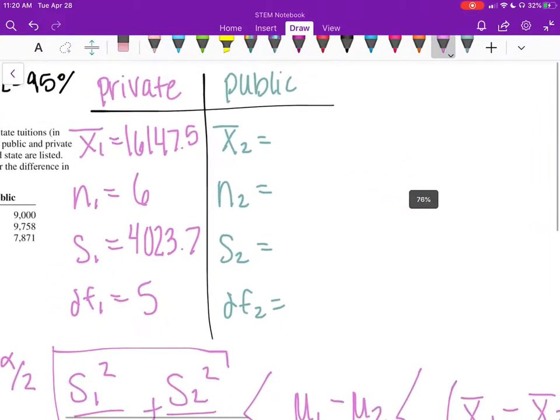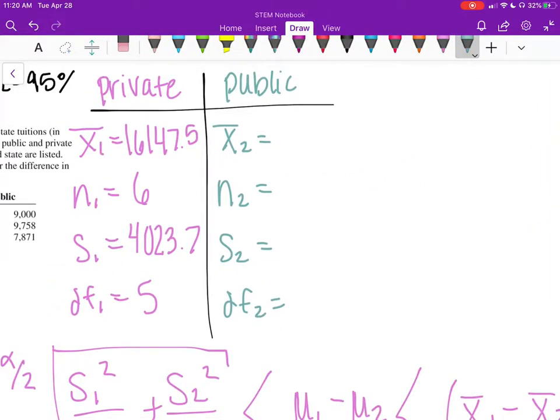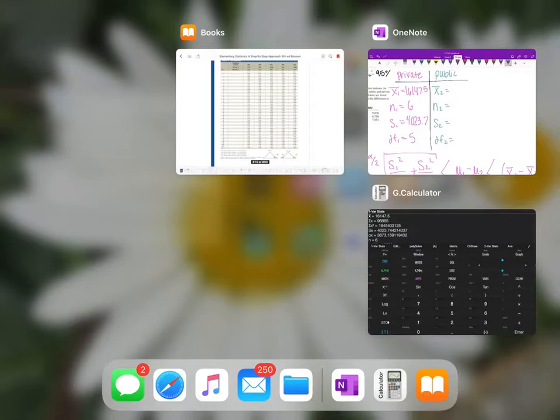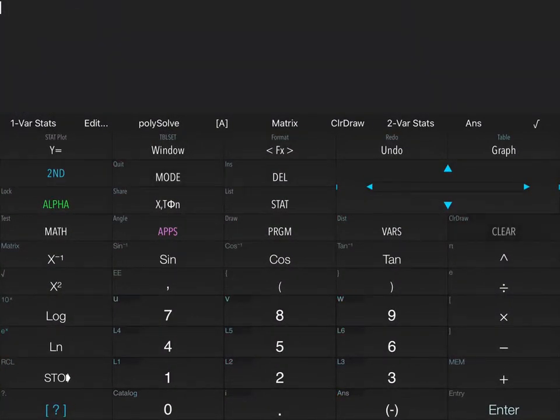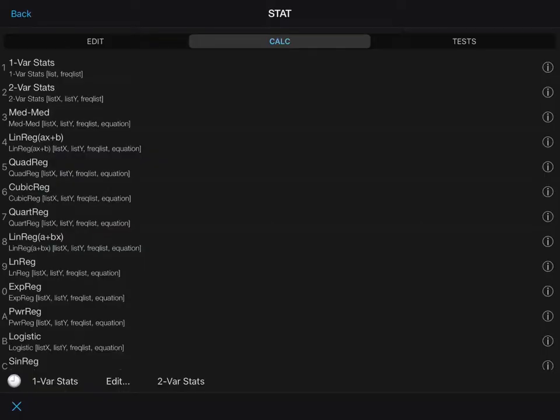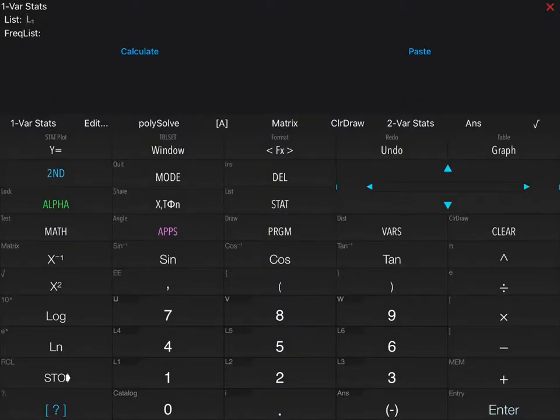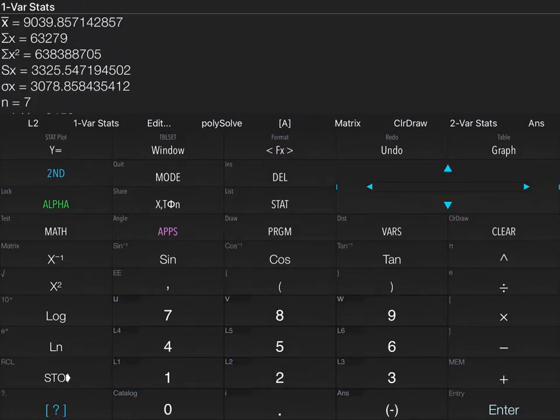Now let's do x bar 2, or mu2, I'm sorry. So again, I've already put those in my calculator. So I'm going to hit stat, first var, and now we're going to make this L2. So we hit second, L2, and calculate.